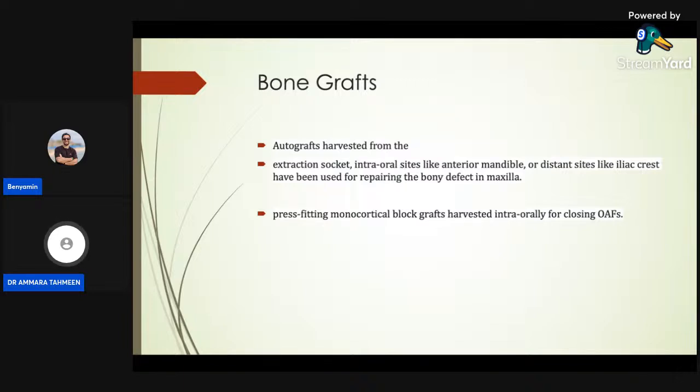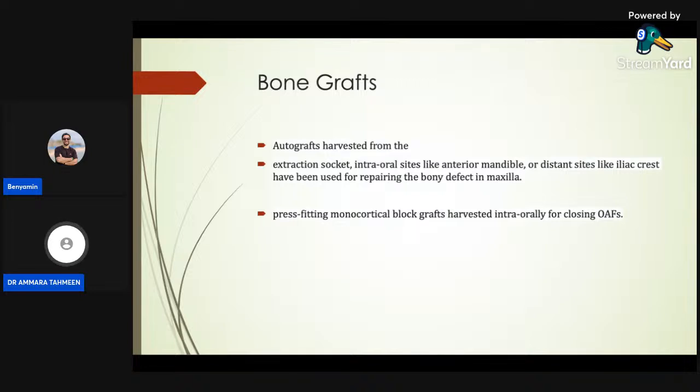If the patient needs to be replaced with an implant in future, and you're directly closing with just a local flap, then in the next stage, when the patient is planned for implant, there will be no bone, so again it will be a secondary operation with a more extensive process.